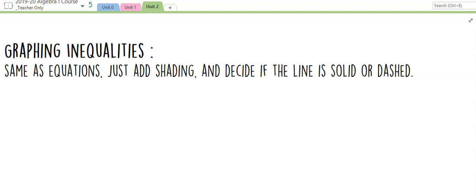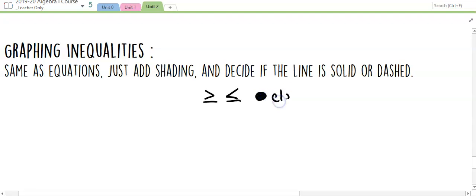There's just two things you need to remember. We need to add shading, and we need to decide if the line is solid or dashed. If you recall from step 10, if it was greater than or equal to or less than or equal to, we used a closed dot.